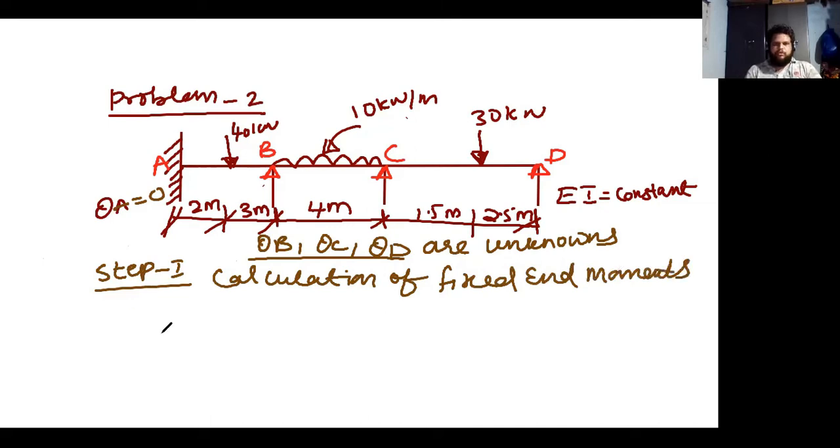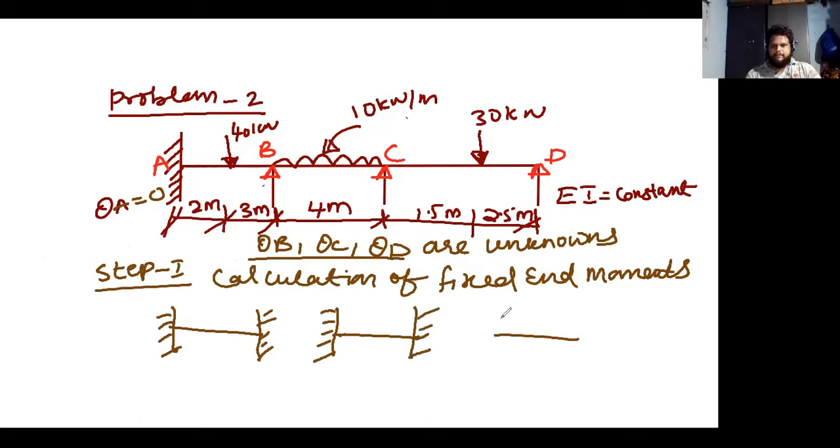You have to split up the spans: span 1, span 2, span 3, and fix all the spans. What do we mean by fixing? We are arresting the deflections, that is, arresting the spans. So these are the fixed ends. Here you have the 30 kilonewton load, with 1.5 meters and 2.5 meters.